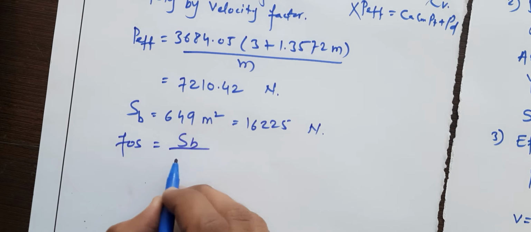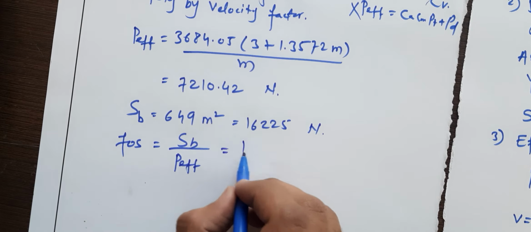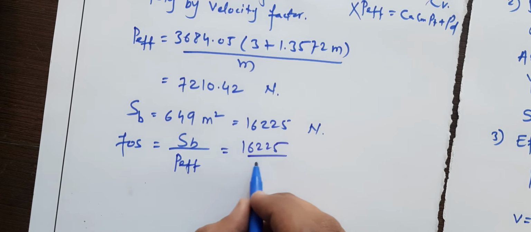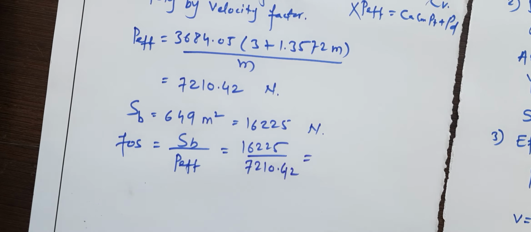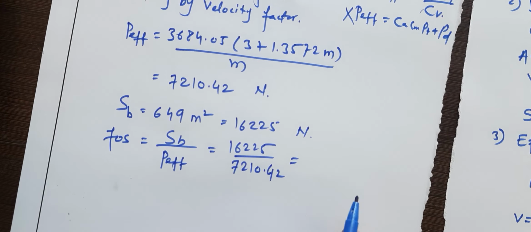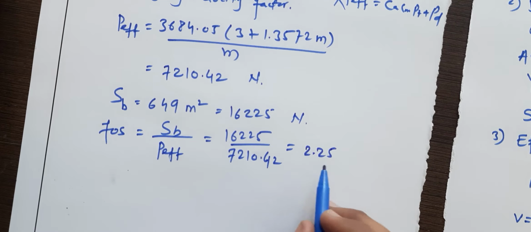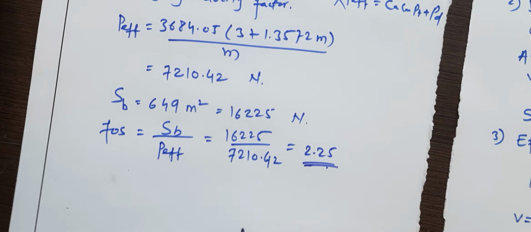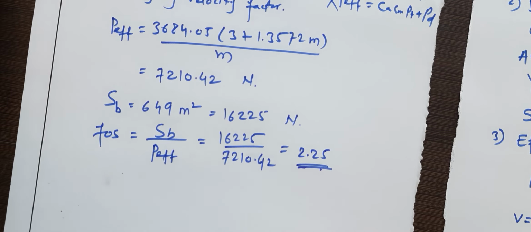Factor of safety is strength by effective load, like SB is equal to factor of safety into P effective. So strength is divided by 7210.42, and you will get the factor of safety as 2.25. Now 2.25 is okay. It is more than 1.5, which means your design is safe.